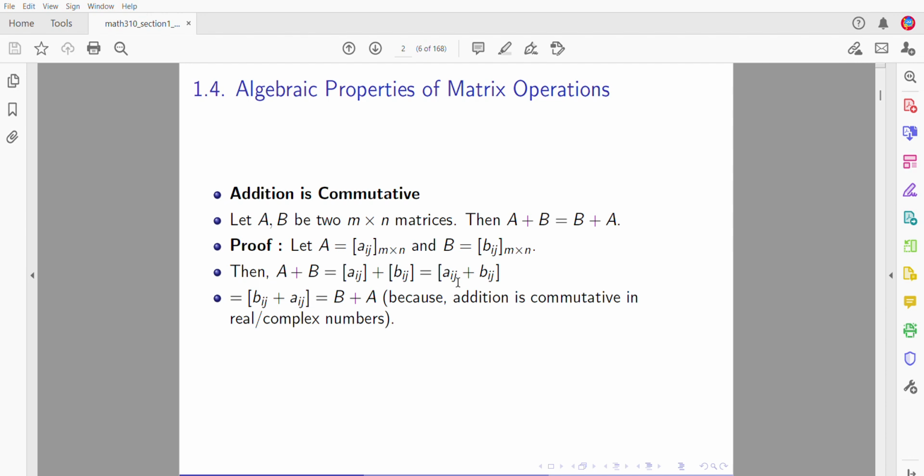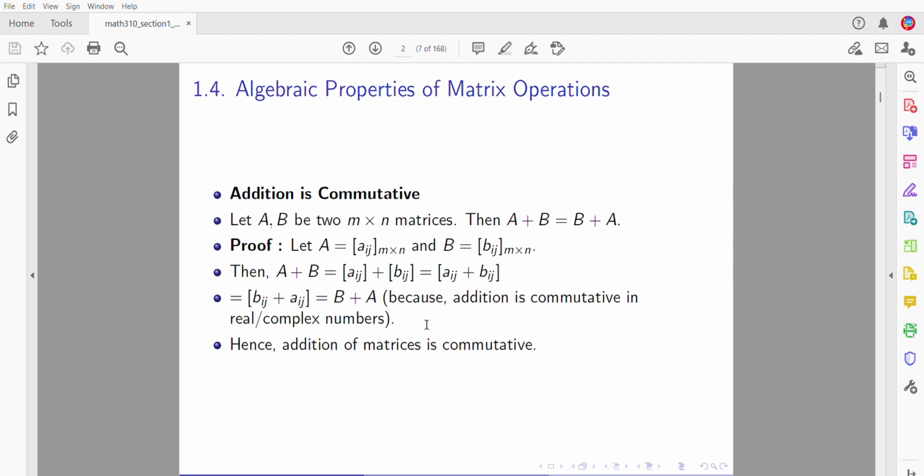But you see, addition is commutative in real or complex numbers. That is, Aij plus Bij is Bij plus Aij. So the matrix Aij plus Bij is equal to the matrix Bij plus Aij, which is matrix B plus matrix A. Hence, addition of matrices is commutative.